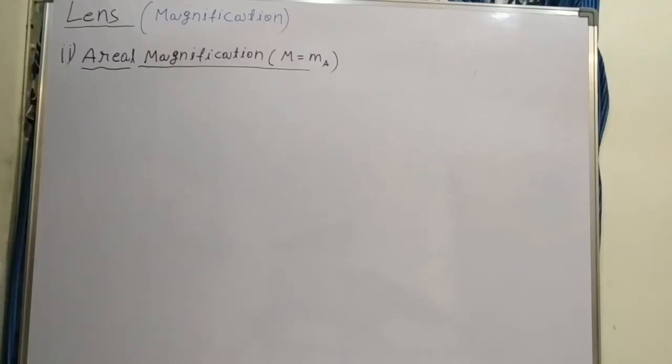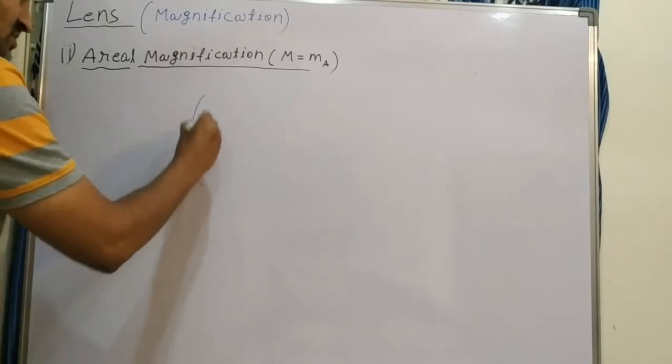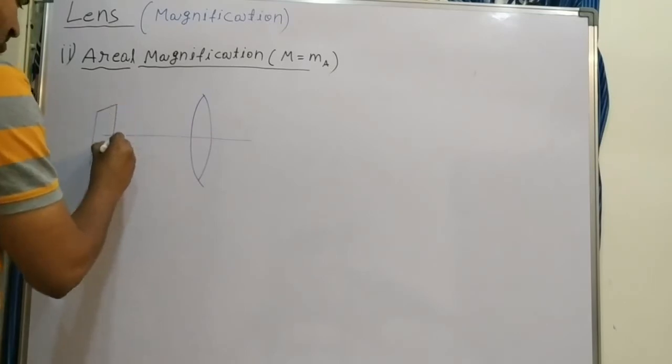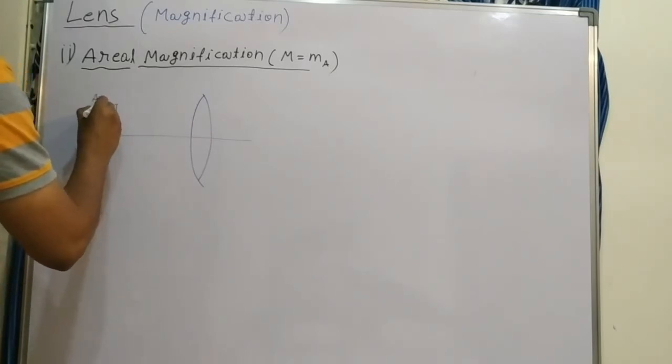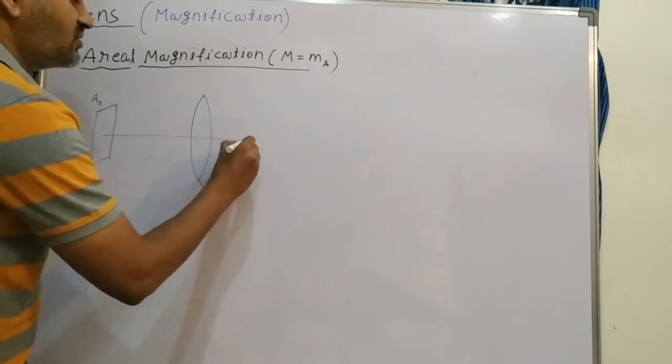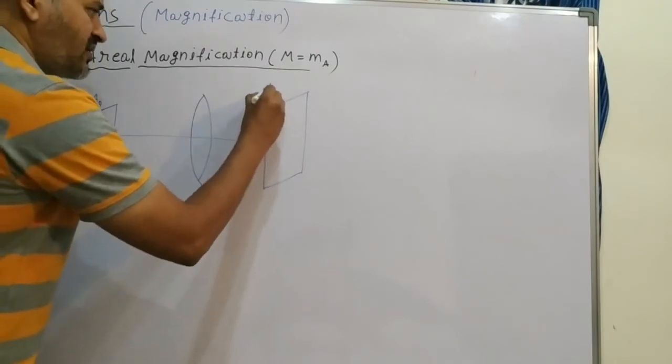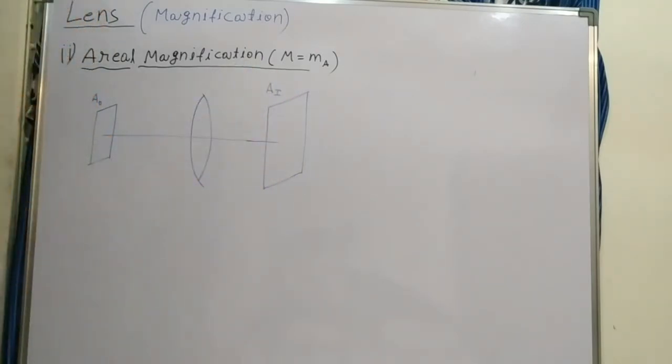Now see areal magnification. Suppose you take a lens, and an object is placed here which is in 2 dimensions. This is the area of the object and it forms an image here which has an area like this. That means height increases and width also increases. Both the height and the width of the object are perpendicular to the principal axis, so the magnification is the same.